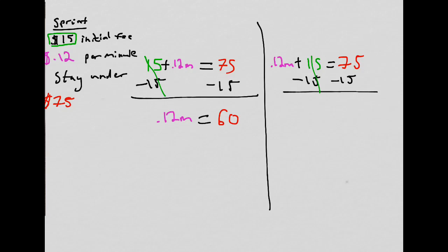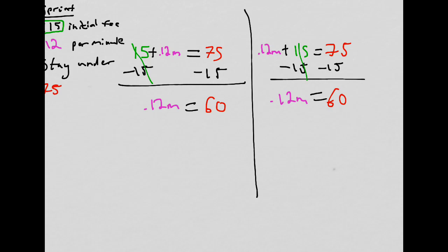And same thing over here, we've got 0.12m, that's all we have left, is equal to 60. Okay. Now we're going to divide. Here's the tricky part. I'm going to divide both sides by 0.12. What I do to one side, I must do to the other.